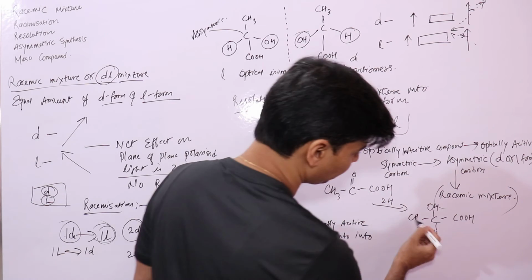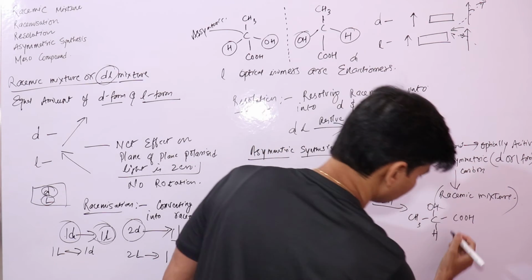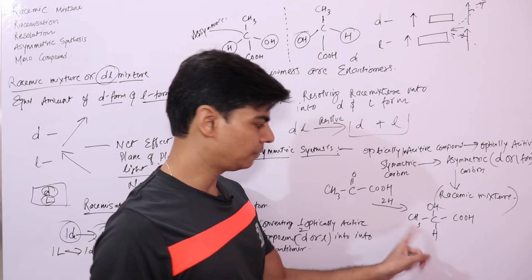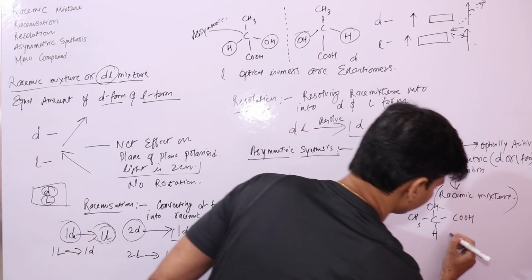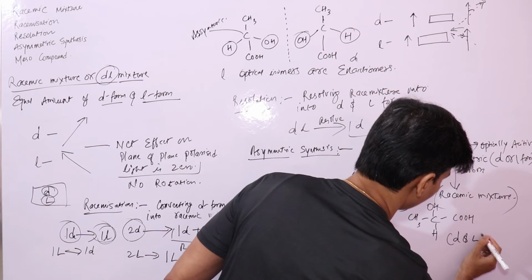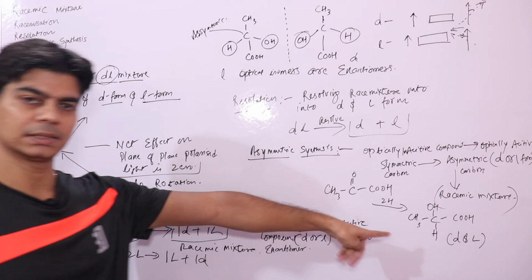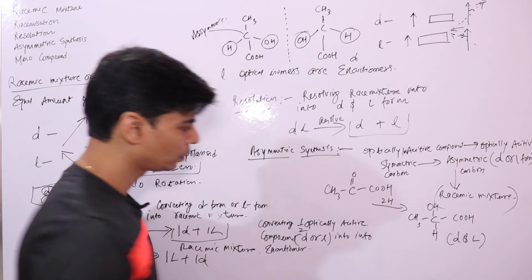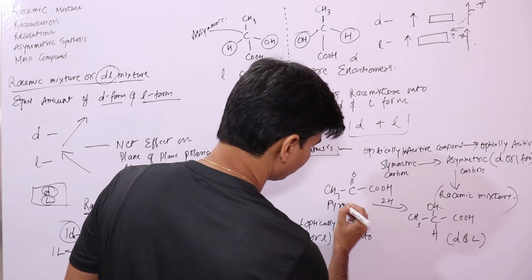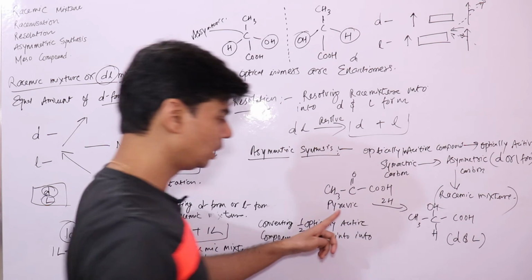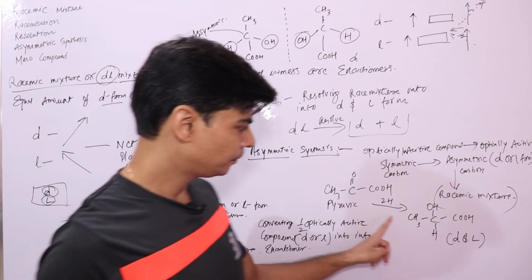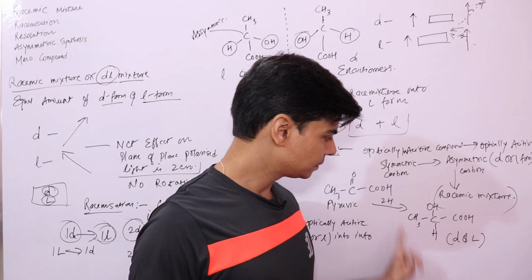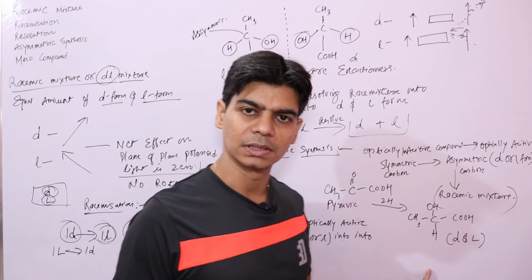Now I will get D and L form of this compound. I'll get D and L form of this lactic acid. This is lactic acid. Lactic acid you can get by reduction of pyruvic acid. This is your pyruvic acid. So if you reduce pyruvic acid, what you will get is lactic acid, right?